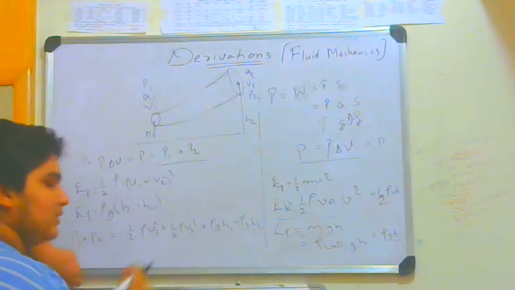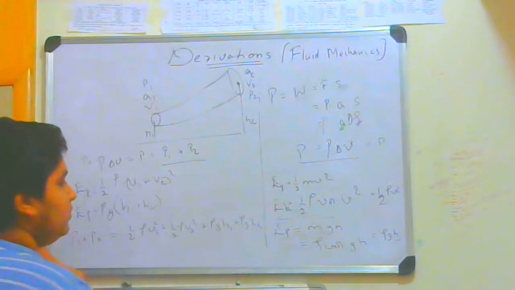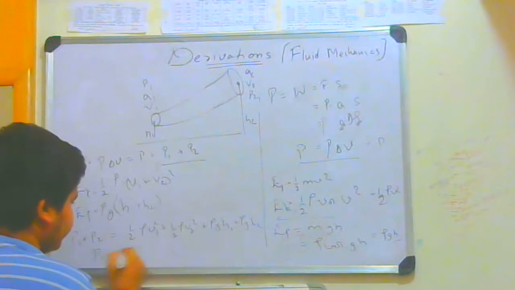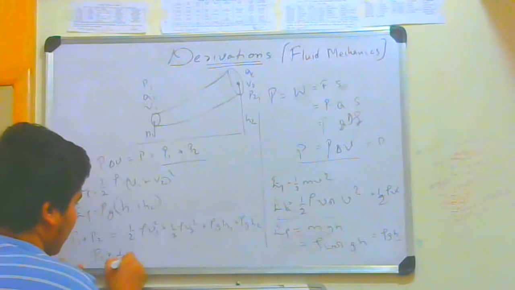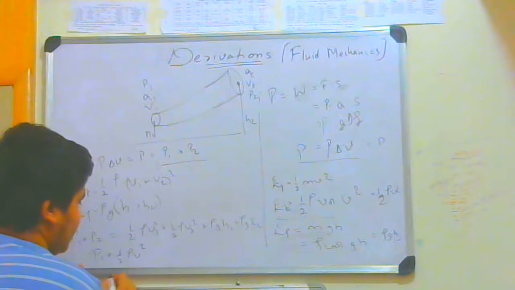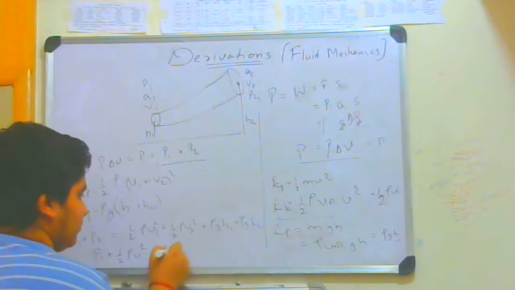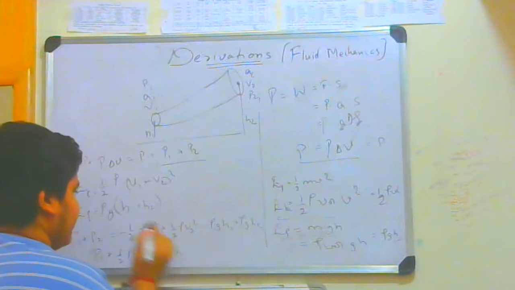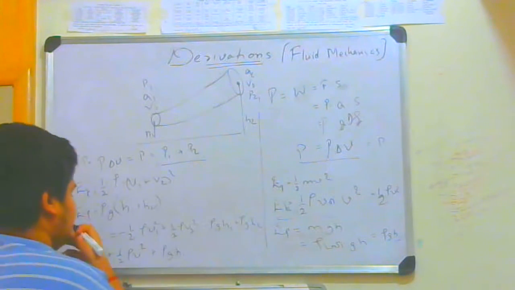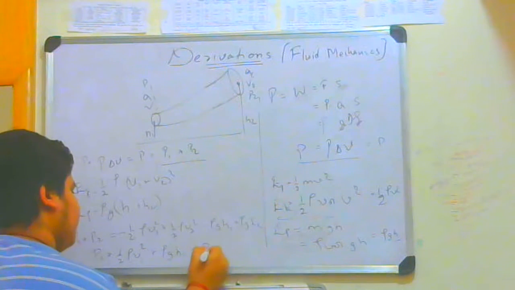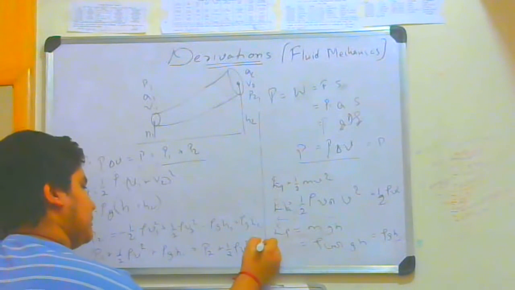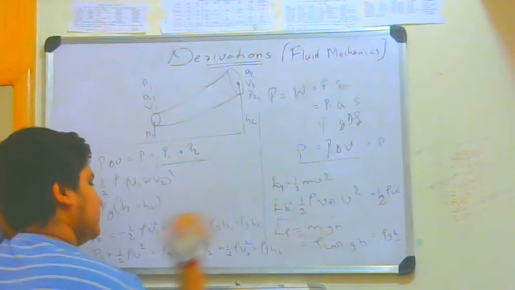On transposing all the 1 terms to one side and 2 terms to another side, I'll get P1 plus half rho V1 square plus rho g h1. यहाँ पे actually minus आएगा, यहाँ पर भी minus आएगा. Okay, that will be equal to P2 plus half rho V2 square plus rho g h2. This is my Bernoulli's principle.